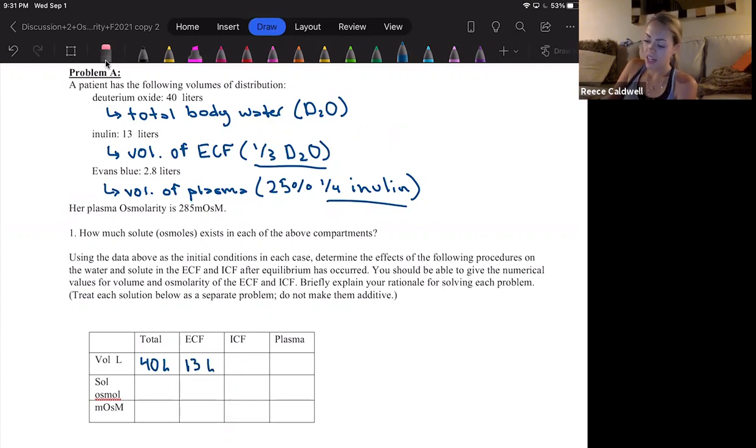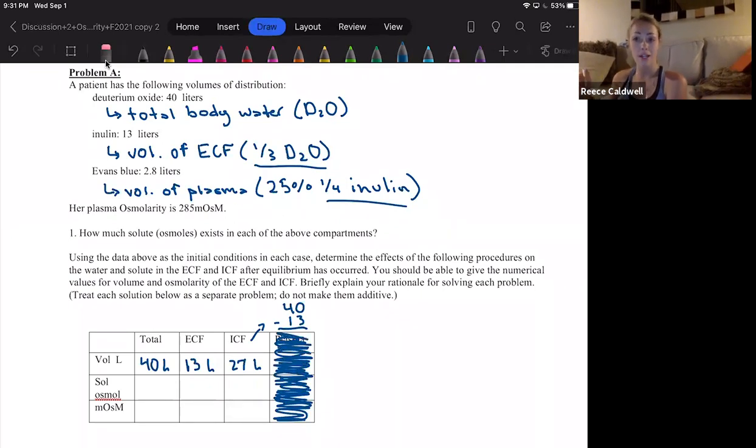And to solve for our intracellular fluid volume, what we're going to do is we're going to take that 40 liters and subtract the extracellular fluid volume, and we will be left with 27 liters. Plasma, we don't need to worry about that. We are focusing on the cell, not outside of the cell. So do not worry about plasma. Dr. Chang did not go over that with us. He said it's not important.